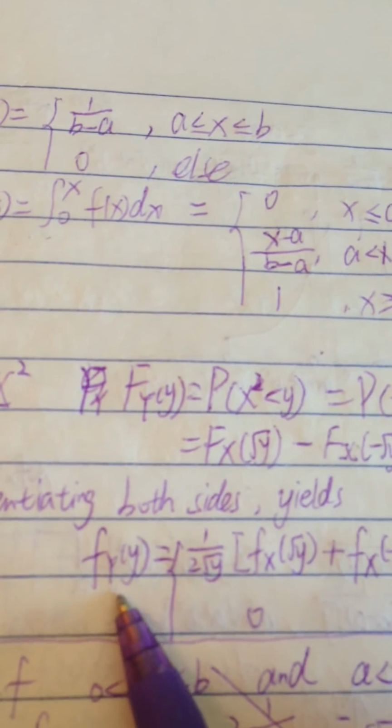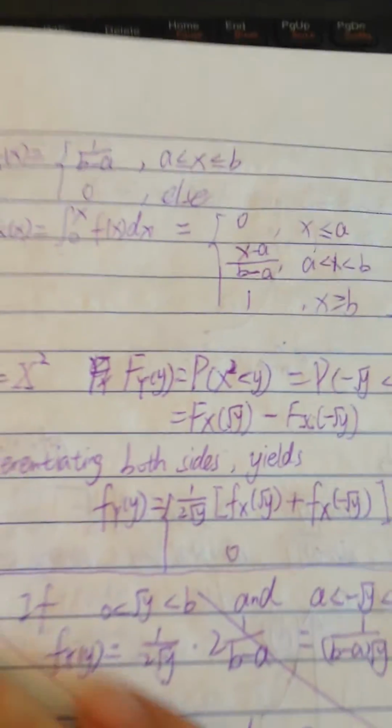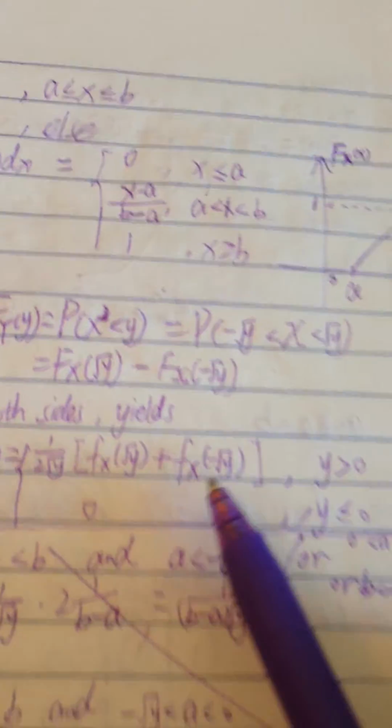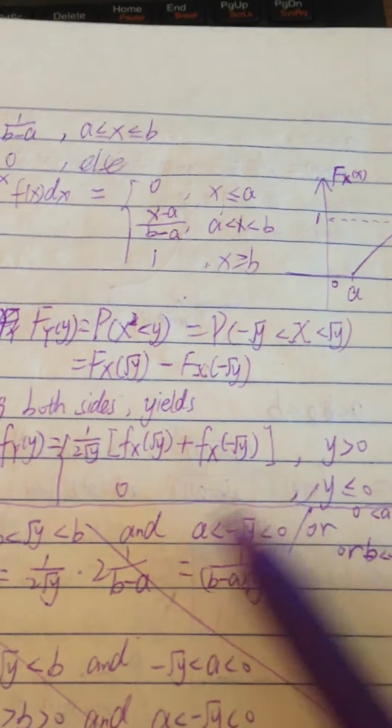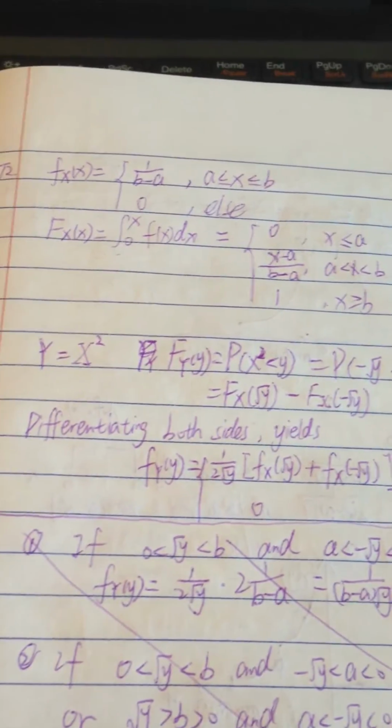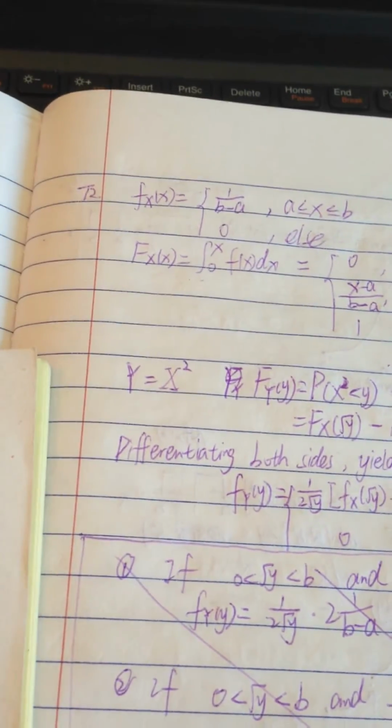Differentiating both sides yields this formula for fy of y when y is greater than 0, and otherwise it equals 0. Then we have to discuss different situations.